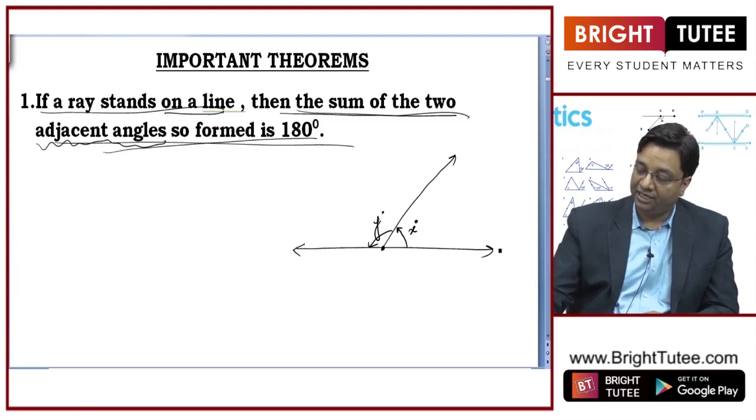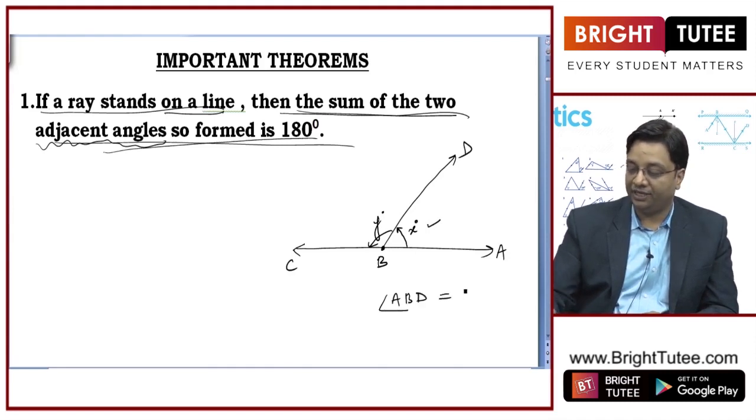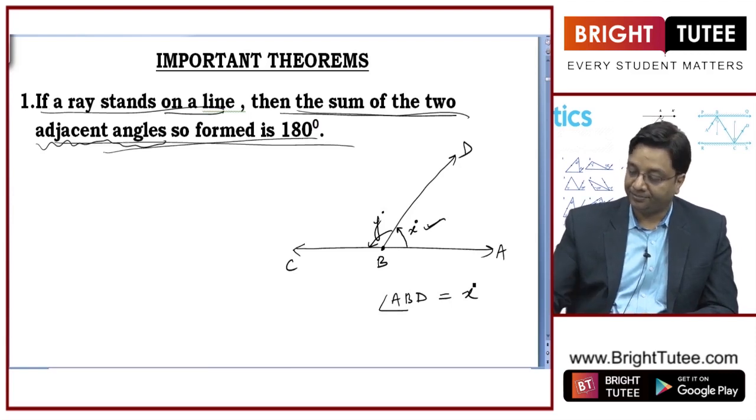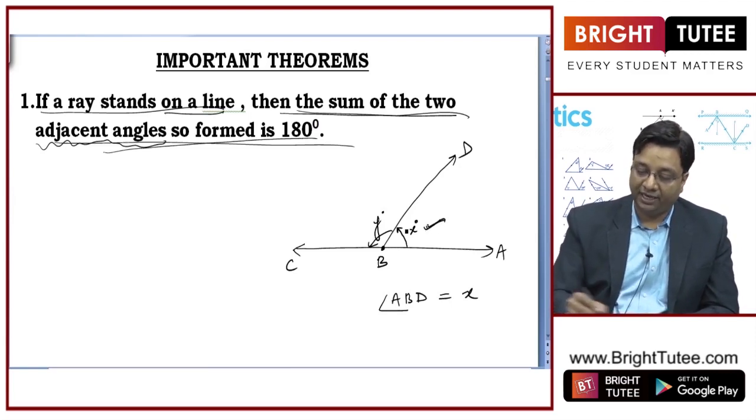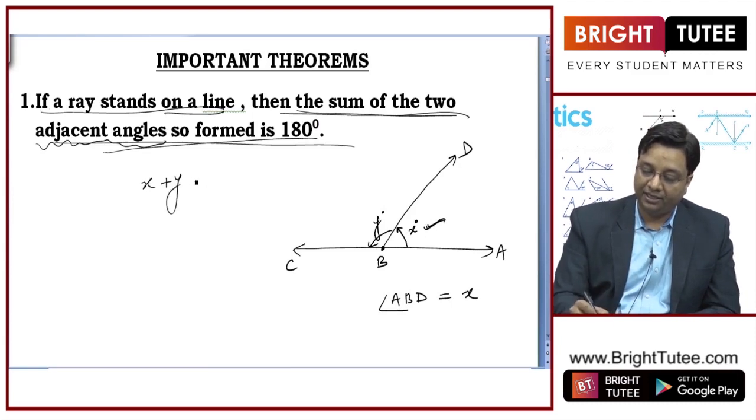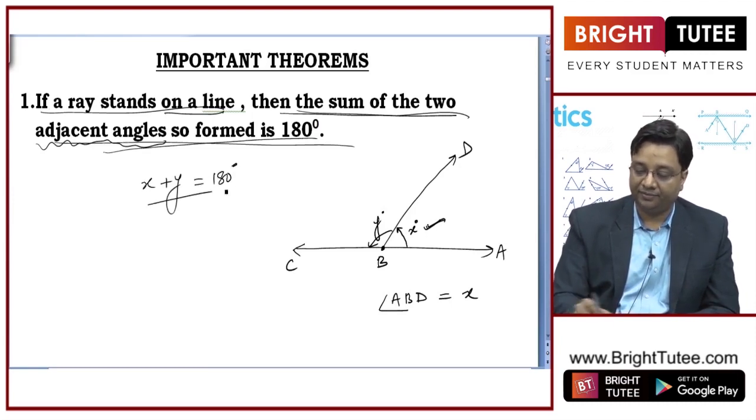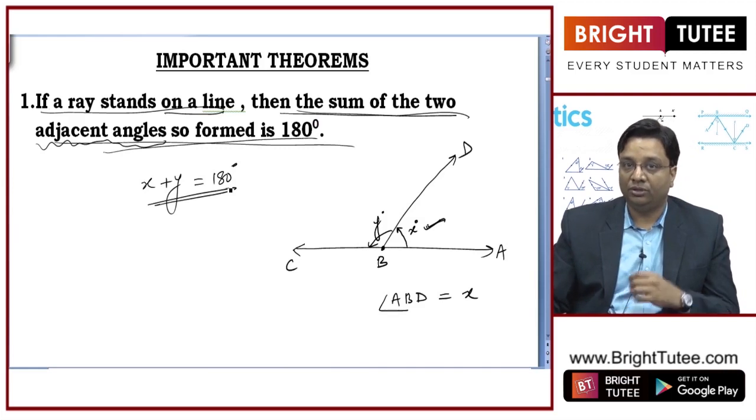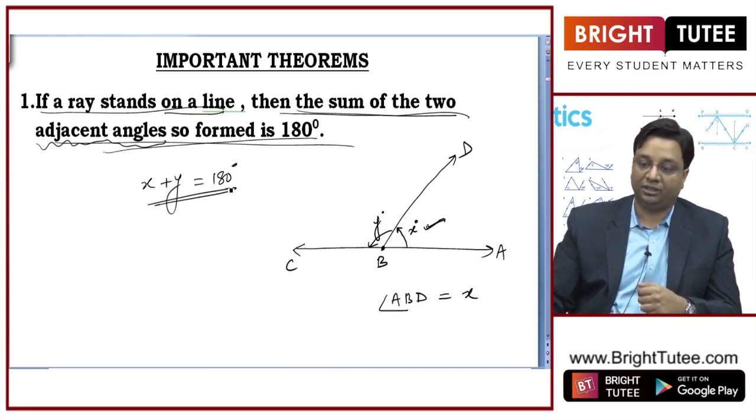Otherwise, if we name these points A, B, C and D, angle x is angle ABD. We have denoted it by x for the sake of simplicity. Now the sum of x plus y is 180 degrees. This is what we need to prove.